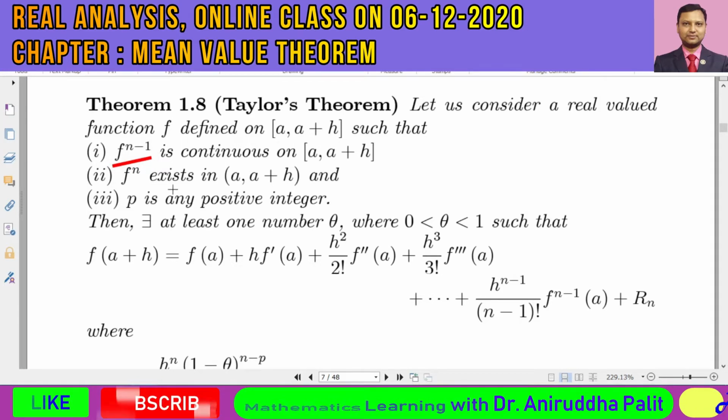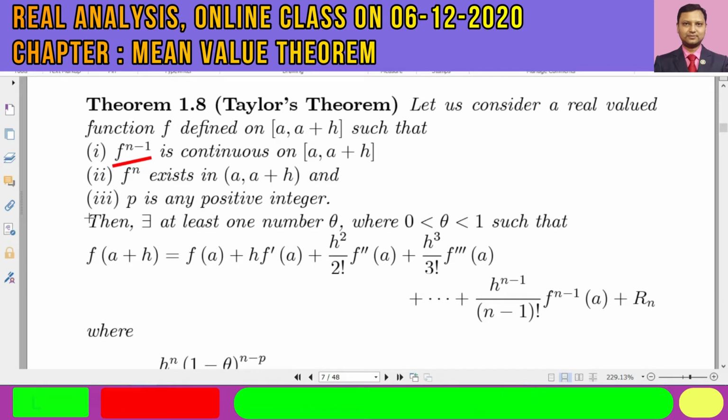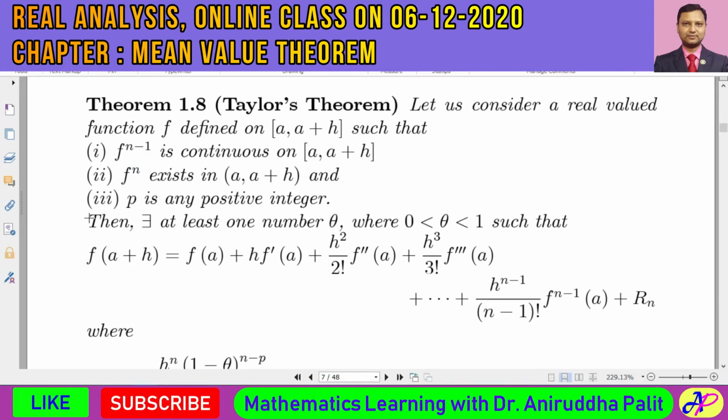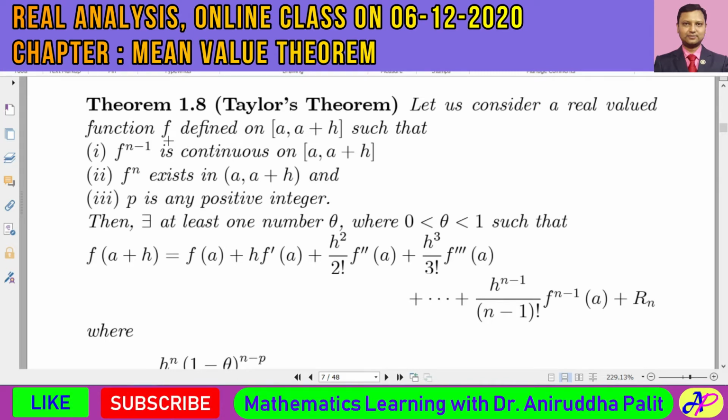And if it is continuous, then the lower order derivatives should exist and they must be continuous. What I mean to say is that the function f should be infinitely differentiable, and all the derivatives of that function must be continuous in this kind of closed interval.